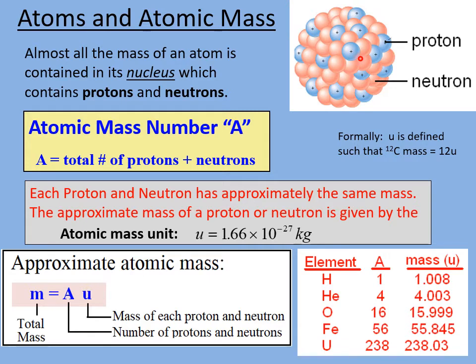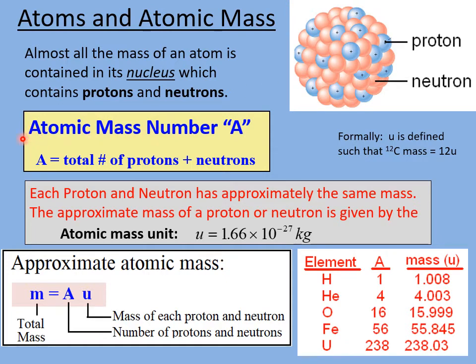In fact, an electron is about 1,800 times, almost 2,000 times smaller in mass than a proton or a neutron. So they really don't contribute much of anything to the mass of an atom. Therefore, when you lift something up, like a pencil, or a heavy weight in the gym, basically you're lifting up the nuclei. That's where all the mass and the weight comes from.